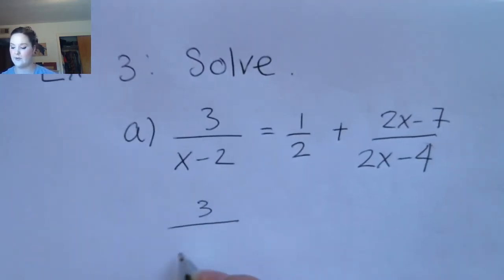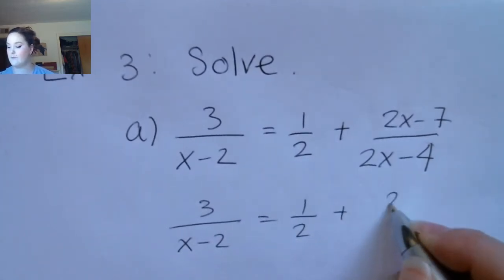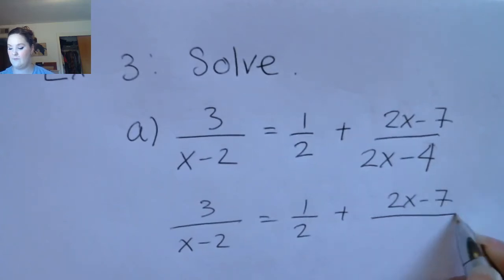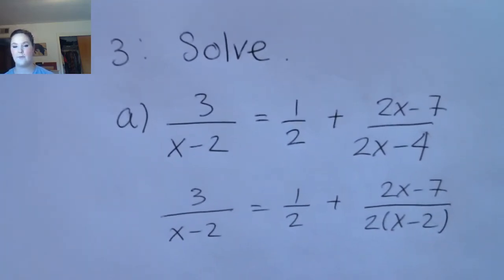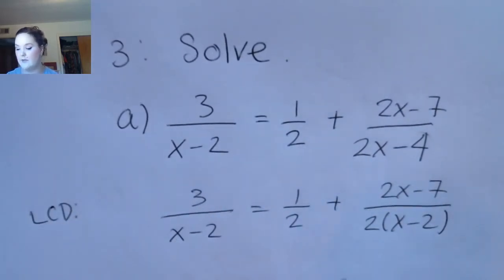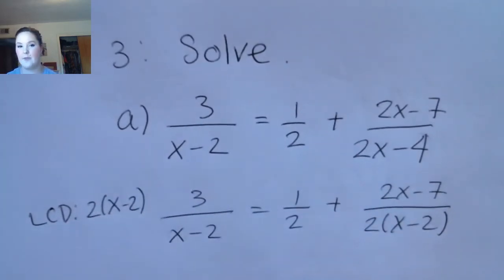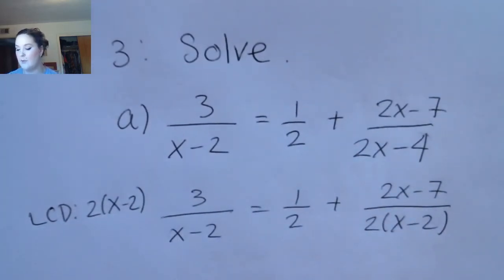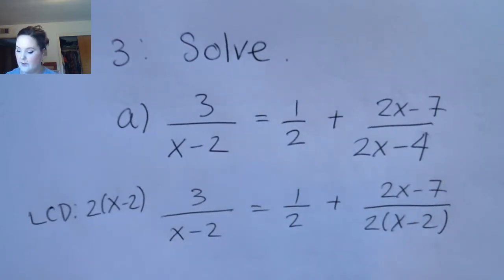The other denominators are already factored. Then I'm going to say that my LCD is each of the factors that you see here, so 2 and x minus 2. And then I'm going to multiply every single term by 2 times x minus 2.